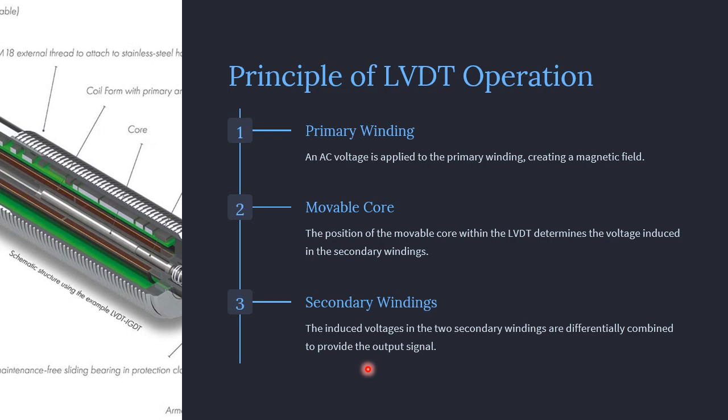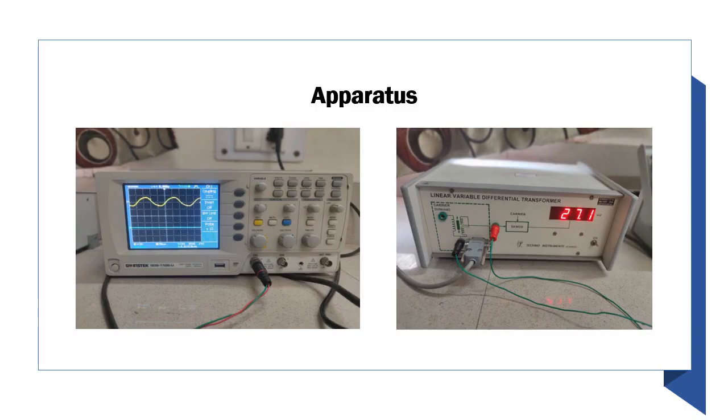After that, to study the characteristics of LVDT, we need apparatus. The apparatus required for the LVDT experiment: the first one is the main unit. In the main unit, you can see there is an electronic circuit with a demodulated carrier, and there is a display where we can see the demodulated output.